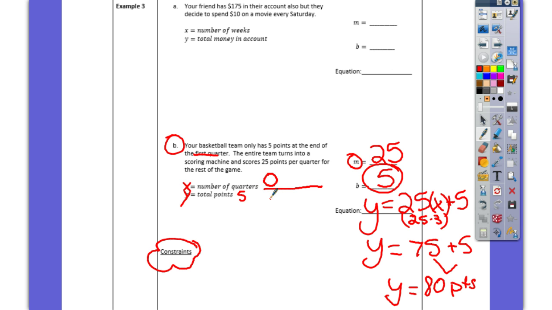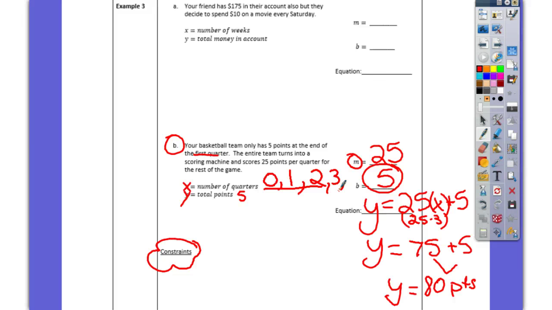Okay, if you don't play any more quarters, what would your score be? 5. What if you only played one more quarter? 30. What if you played, can we play 2 more quarters? 55. Yep. Can we play 3 more quarters? We know we can, we did that. Can we play 4 more quarters? No, because there's a total of 4 in the game. So that's the constraints there. We can only do 0, 1, 2, and 3.